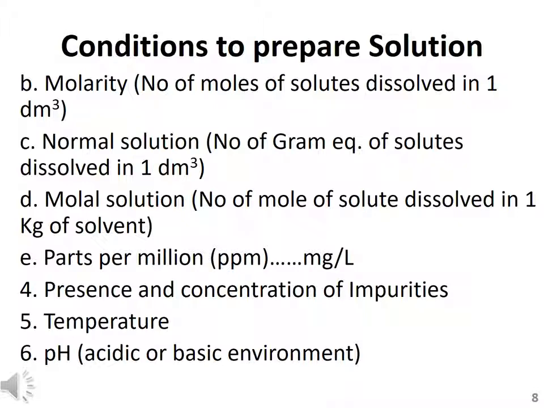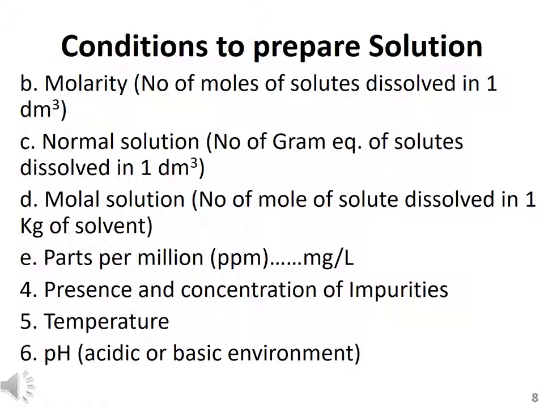In addition to the concentration of the solution, we will be very careful about the presence and the concentration of the impurities in the reaction mixture, in the solvents, and in the precipitating reagent. And the next very important factor for gravimetric analysis is the temperature, because the temperature has a significant impact on the reactivity of the gravimetric analysis.